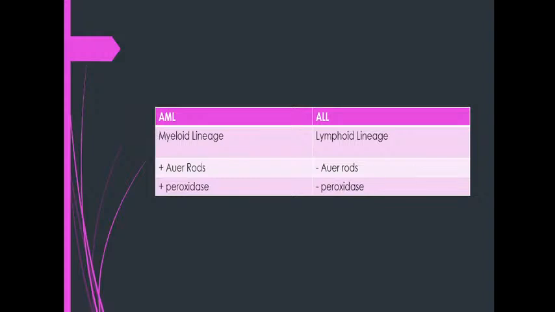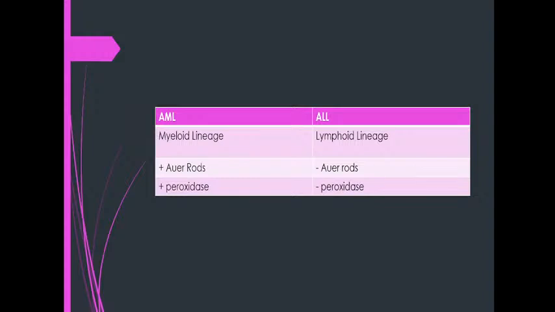Alright, so look at the key differences. Myeloid, Auer rods are positive, and peroxidase is positive. The other side, different. Lineage, lymphoid. Auer rods and peroxidase, negative. Remember last time when we talked about Auer rods in our peripheral blood smear examination lecture, you usually see it in patients with AML.